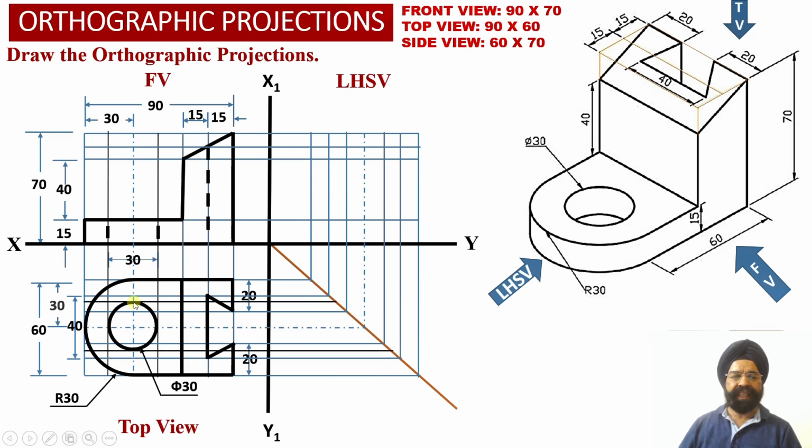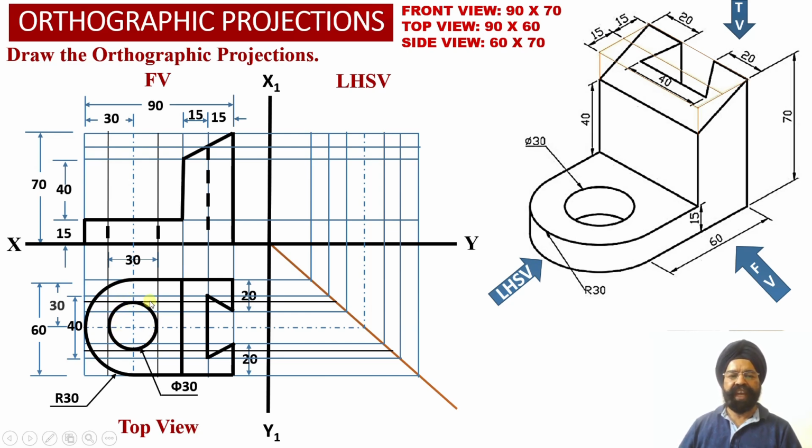Now we know that the diameter of this circular hole is 30 millimeter. So we can check this: we had obtained it as a dotted projection into the front view projection, because these two vertical edges of the circular hole were not visible to the observer. So the true shape of the circular hole we have been able to obtain into the top view projections over here.